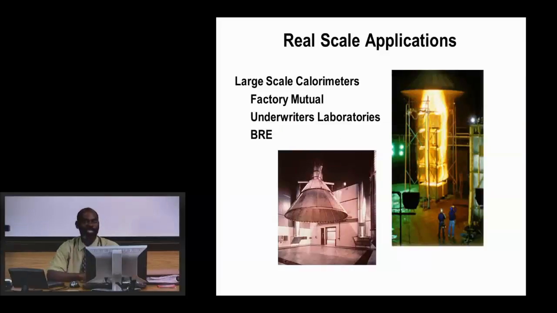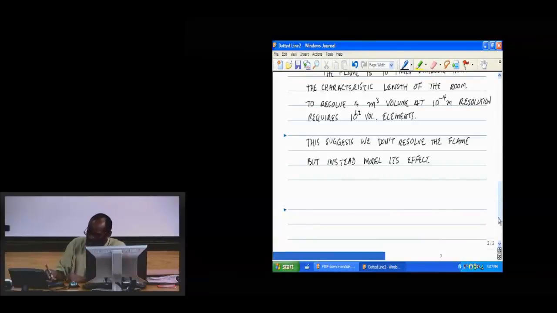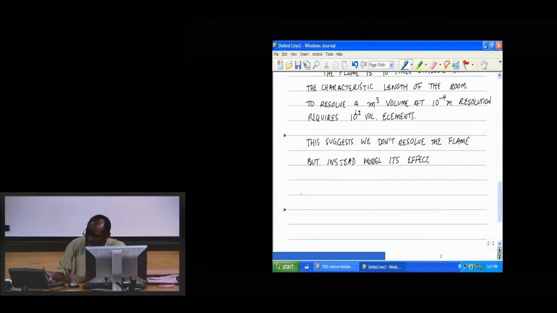So in these real scale applications, the key is to use these large-scale calorimeters. And there are large-scale calorimeters, like I said, all around the world. And we'll talk about the details of how these calorimeters function. So to put this, again, into context, this is what we're trying to understand, heat release rate, because heat release rate is a critical input into fire models.